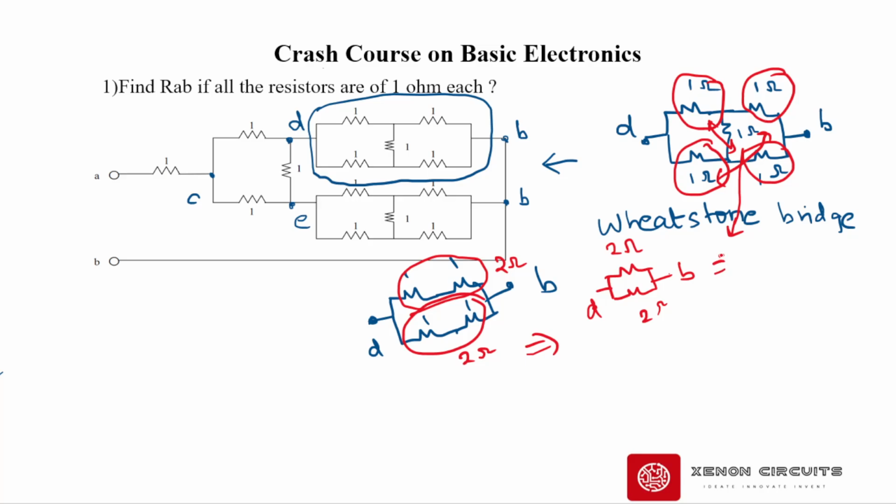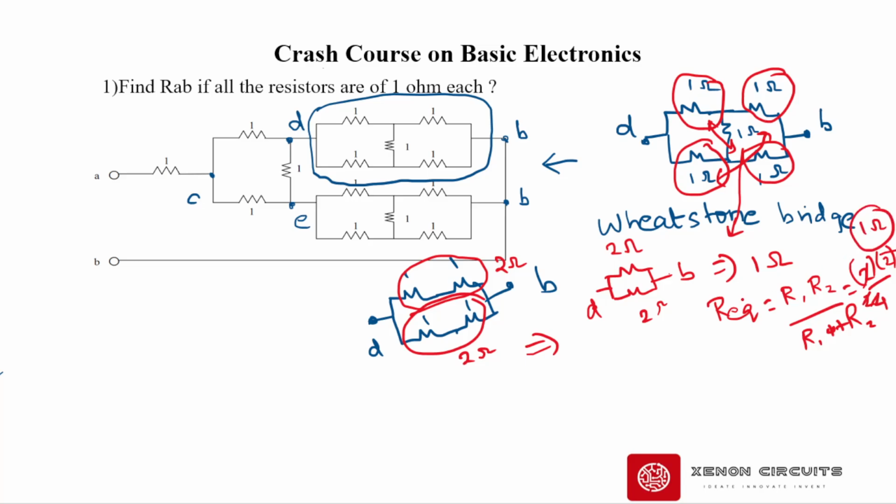So this becomes 1 ohm, right? Because these two are connected in parallel, and we know that in a parallel R equivalent is R1 R2 by R1 plus R2, correct? So over here it becomes 2 into 2 by 2 plus 2, so it becomes 1 ohm. Similarly, for two resistors connected in series, the R equivalent is R1 plus R2, right?